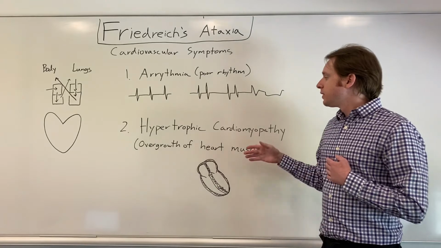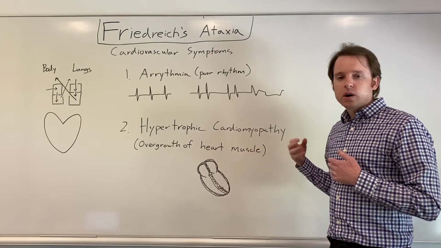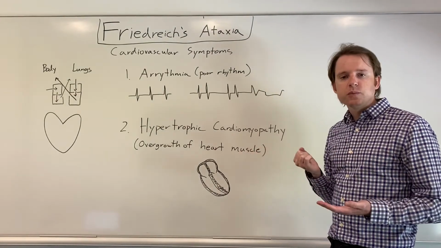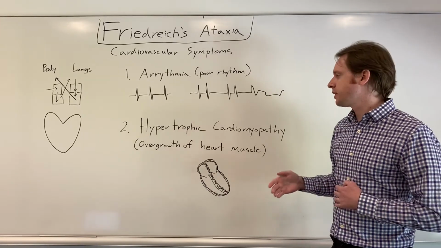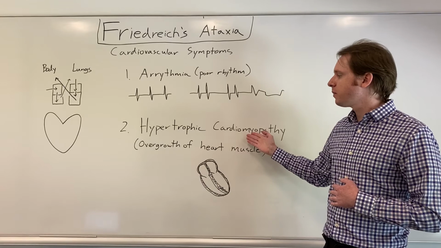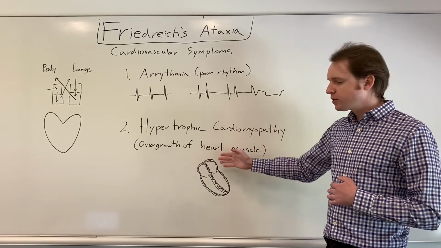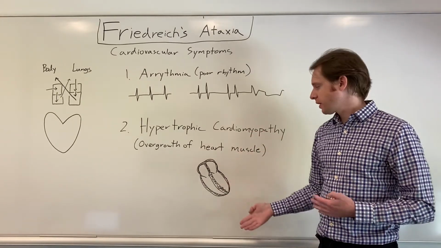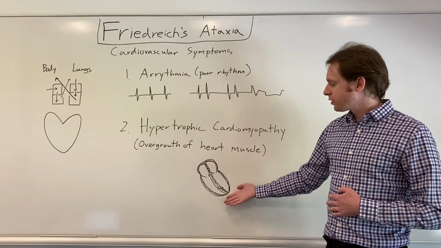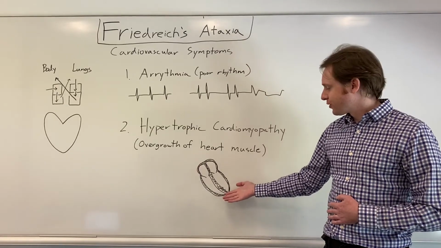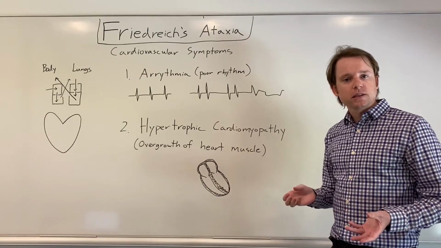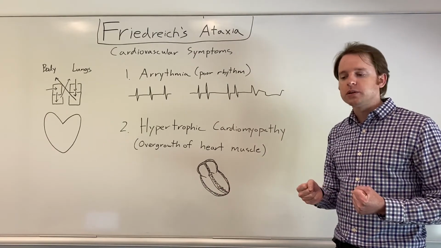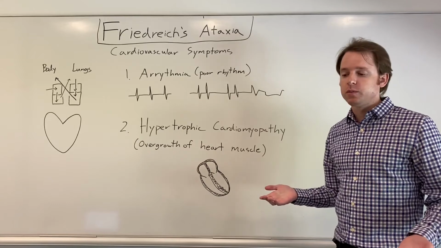Secondly, as a result of having that poor transmission of nerves to the heart, we can ultimately, after a long process, have this hypertrophic cardiomyopathy where the muscles in our heart end up being too thick. In a nice normal heart, which I've drawn a mediocre version of here, we have muscle all throughout the sides of the chambers in order to push properly and make the blood continue through the body.